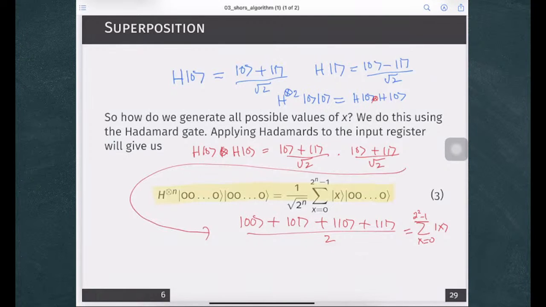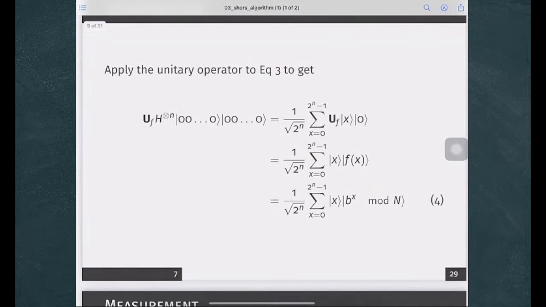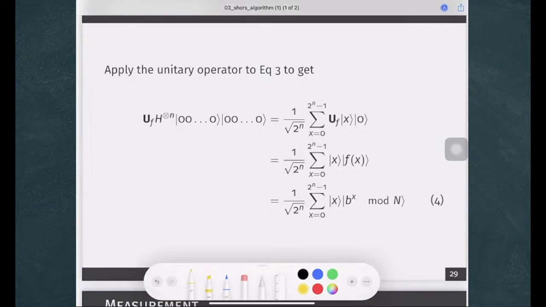Now that we have a superposition of numbers because of the Hadamard, our input register is now in superposition. So that becomes our input to the unitary operation here, which computes the modular exponentiation.